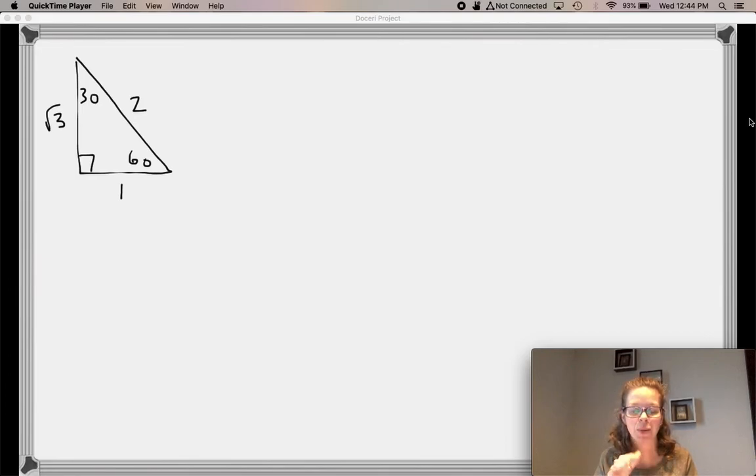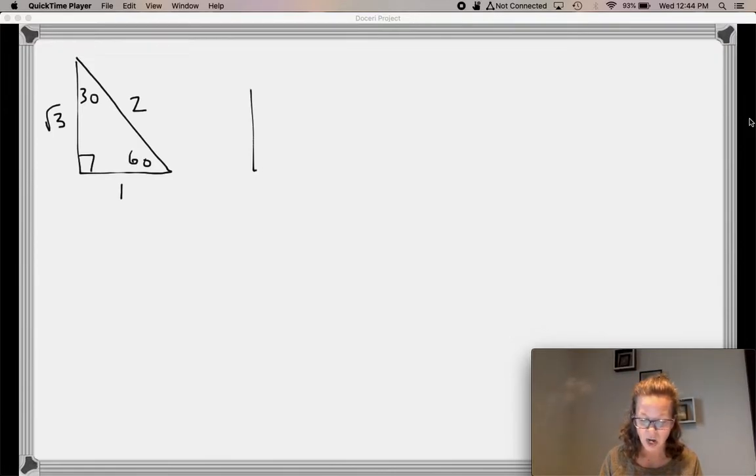It's kind of like putting it through a copy machine and making it double size. The angles will not change, but the sides would all double in size. So then it'd be 2, 4, and 2 times the square root of 3. We could blow it up, but the basic pattern is this 1, 2, and square root of 3.